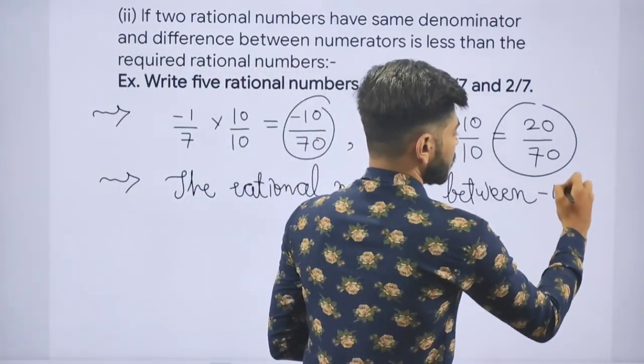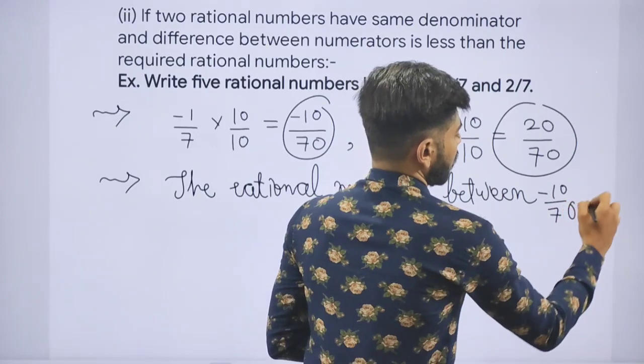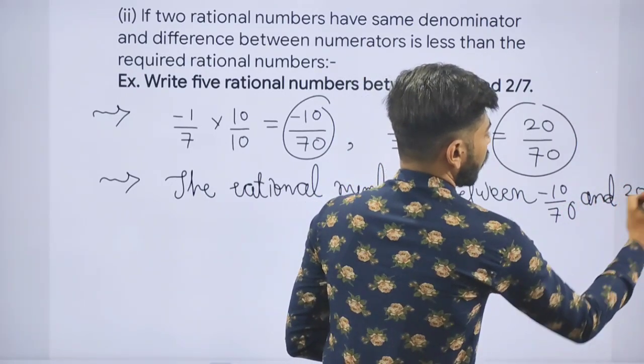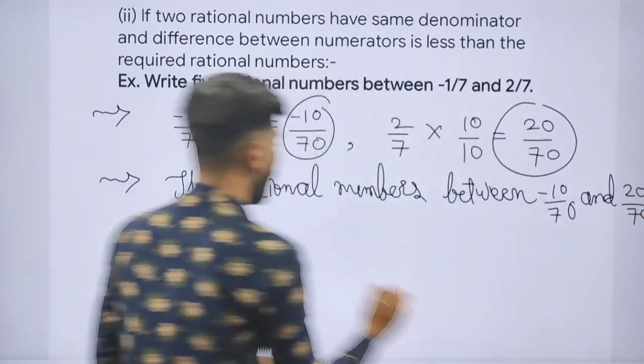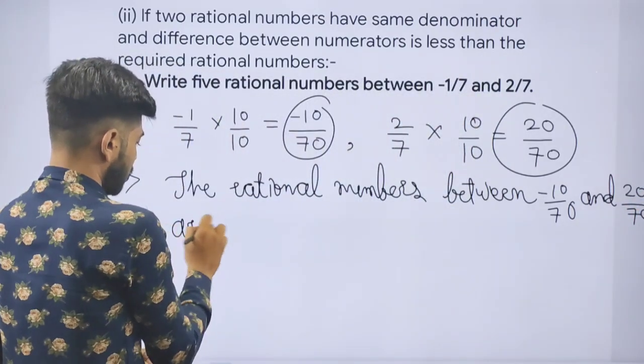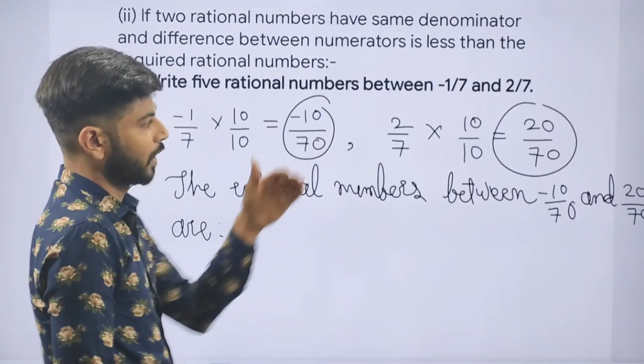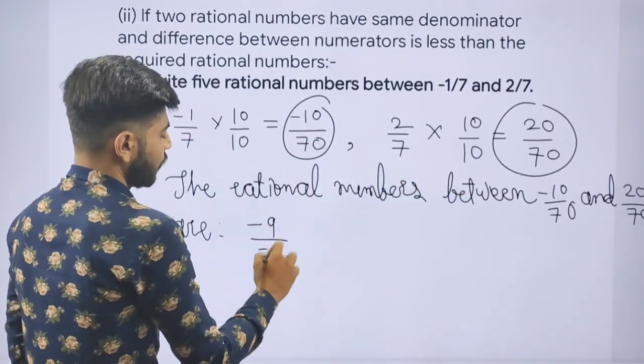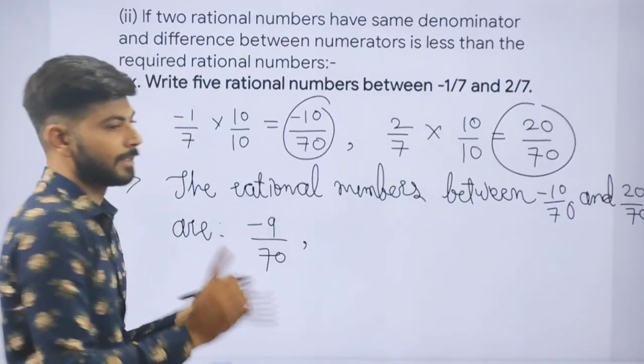So we will write minus 10 upon 70 and 20 upon 70 are, so we can take any numbers. I want to take minus 9 upon 70, put the denominator as it is.